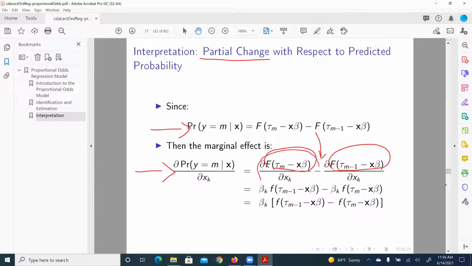The derivative of this cumulative density function with respect to xk becomes beta k multiplied by the probability density, as opposed to cumulative. Probability density is the first derivative of cumulative density, and that's for the second term. And we can factor out beta k. That is used to calculate the partial change or marginal effect with respect to predicted probabilities.